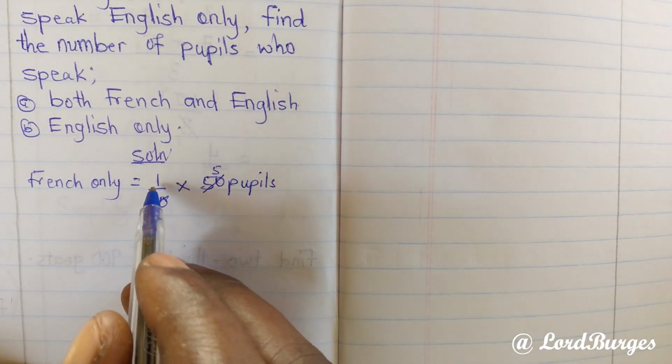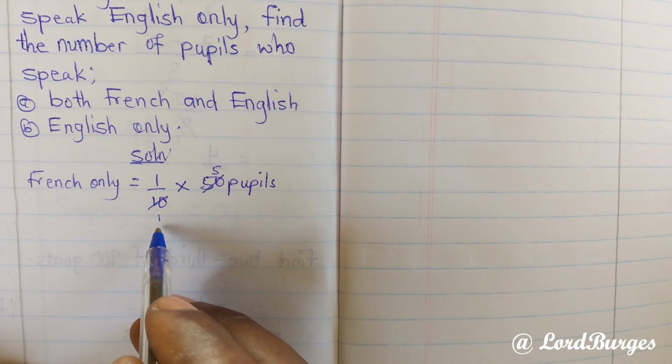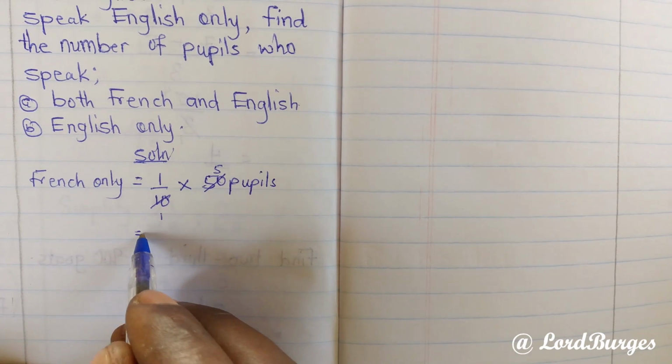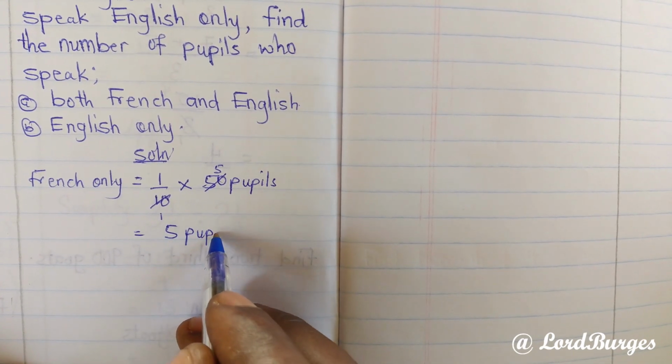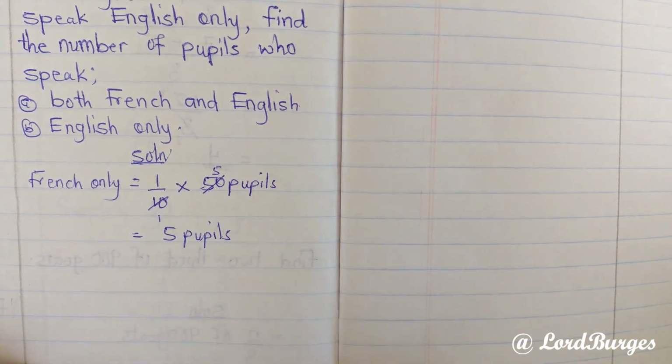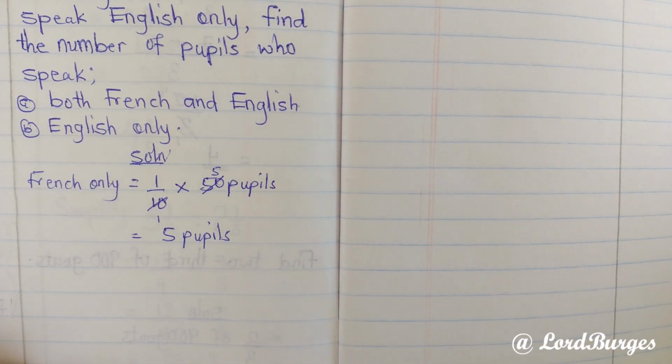So I have 1/1, which is the same as 1, times 5, which is 5 pupils. Therefore, we now know that 5 pupils speak French only.